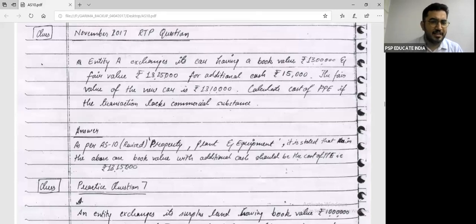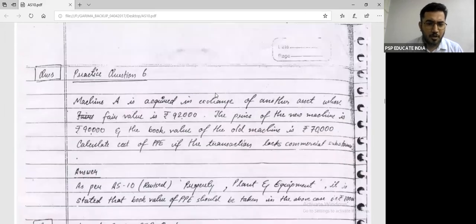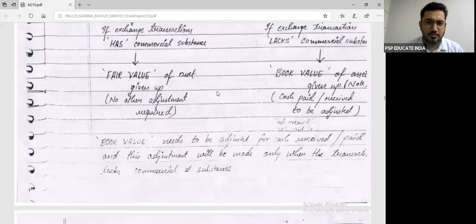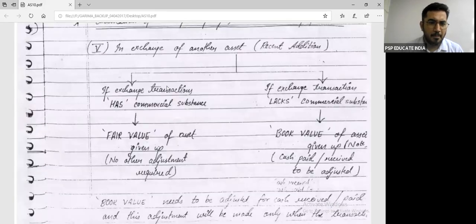Right, quickly on the chat box. Are you all clear with this?